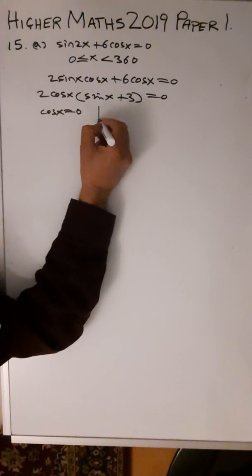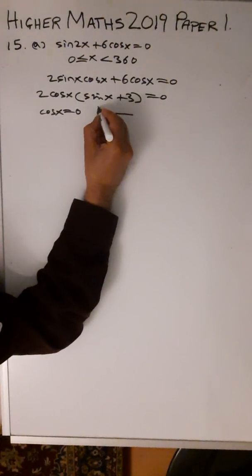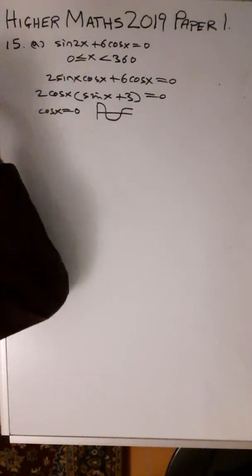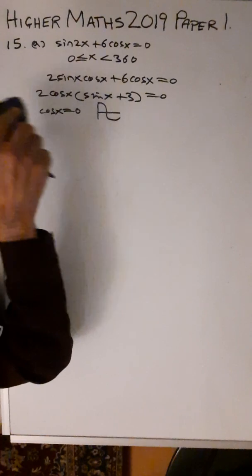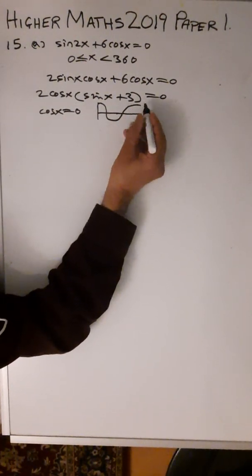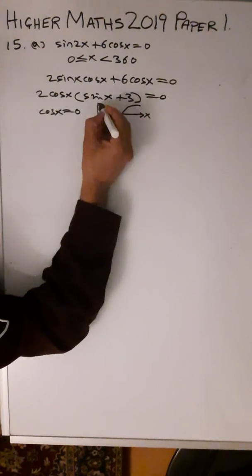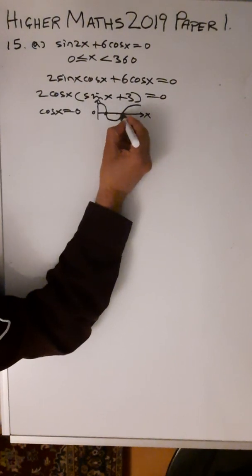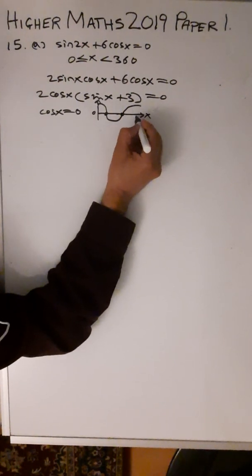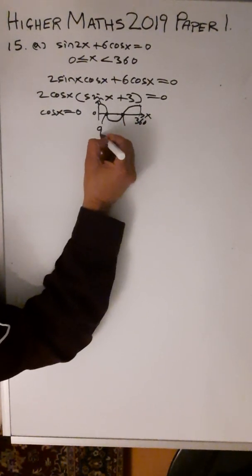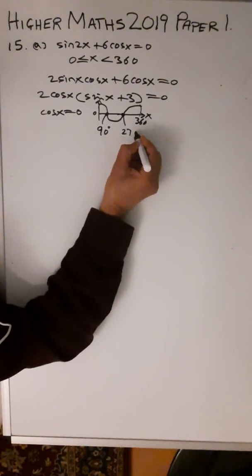If you look at the cosine curve, it starts there and then goes like that. So cosine is equal to 0 at 90 degrees and 270 degrees.